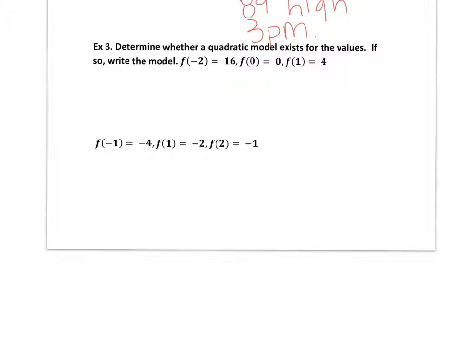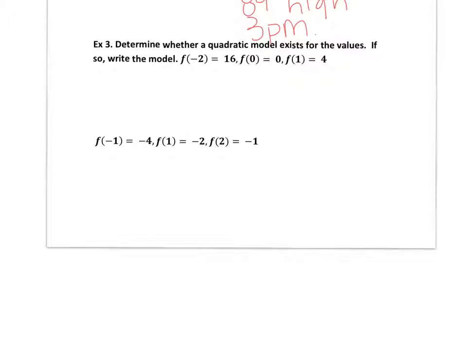So it says, determine whether a quadratic model exists for the values. If so, write the model. So you can get your graphing calculators out here, and you can do the stat edit, type in your 3 ordered pairs. Now remember, this looks a little bit different. The formatting, these are our x values. And these are our y values.